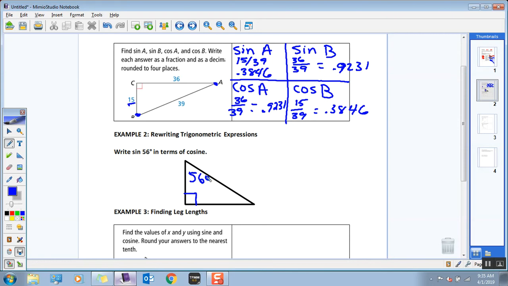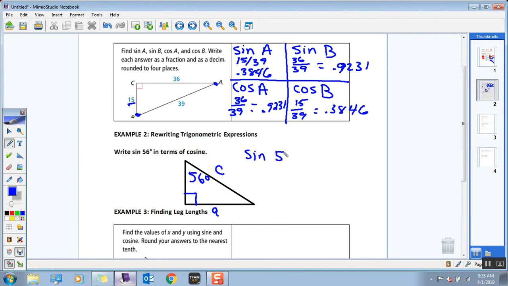So here's the situation. It says write the sine of 56 in terms of what? Well, here's the deal. The sine of 56 would be this length A over what? But here's the deal.